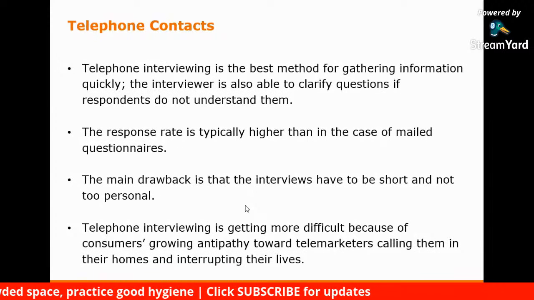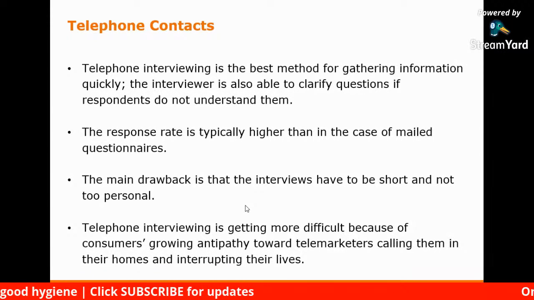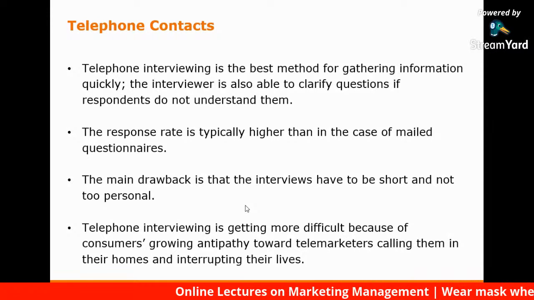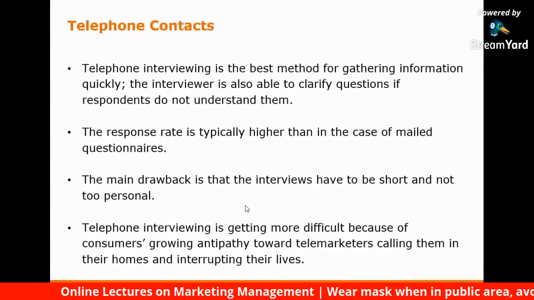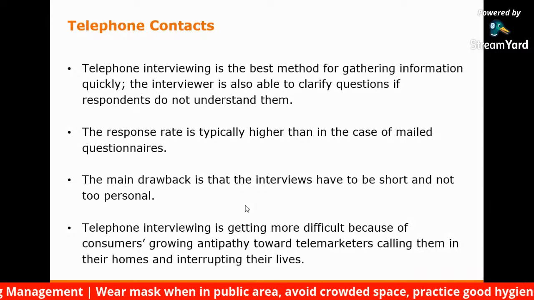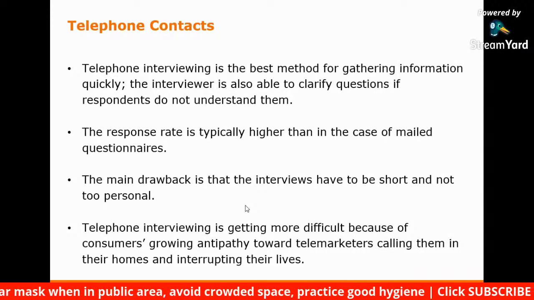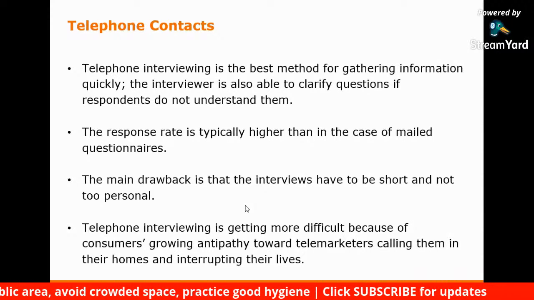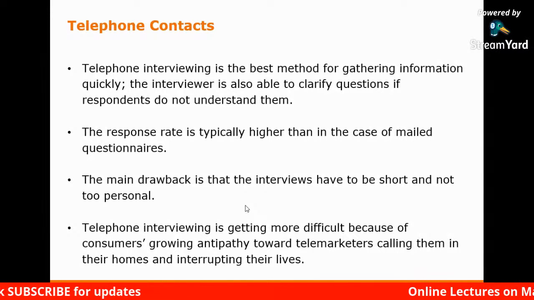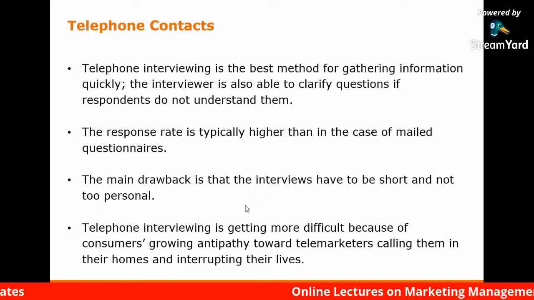Telephone is the best method, but somehow you cannot keep them on the line for so long. Sometimes even myself, when someone says I'm the very lucky guy, I already predict this person wants to offer protection to me.